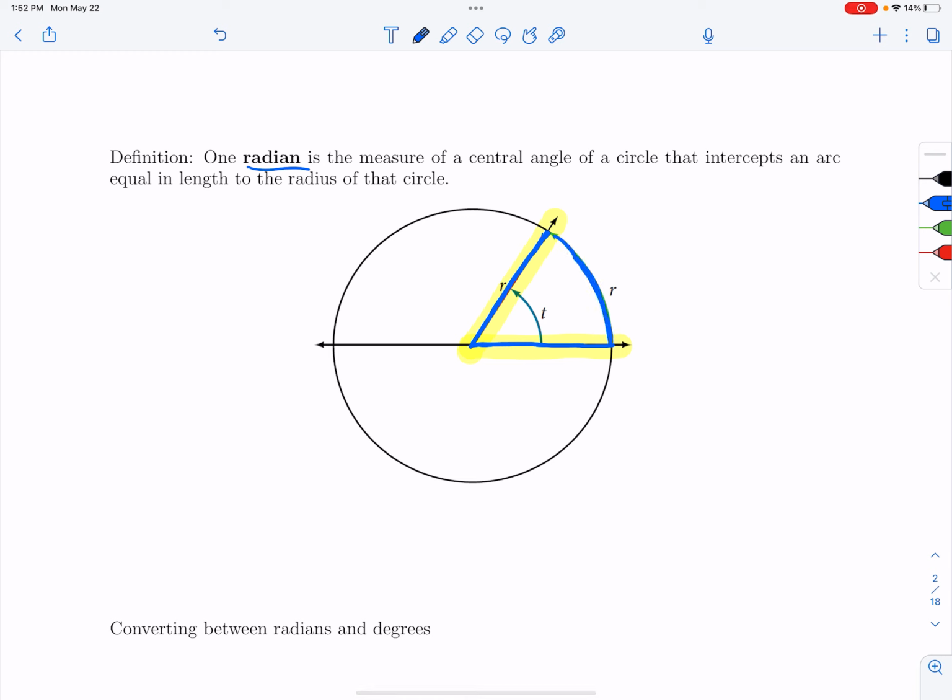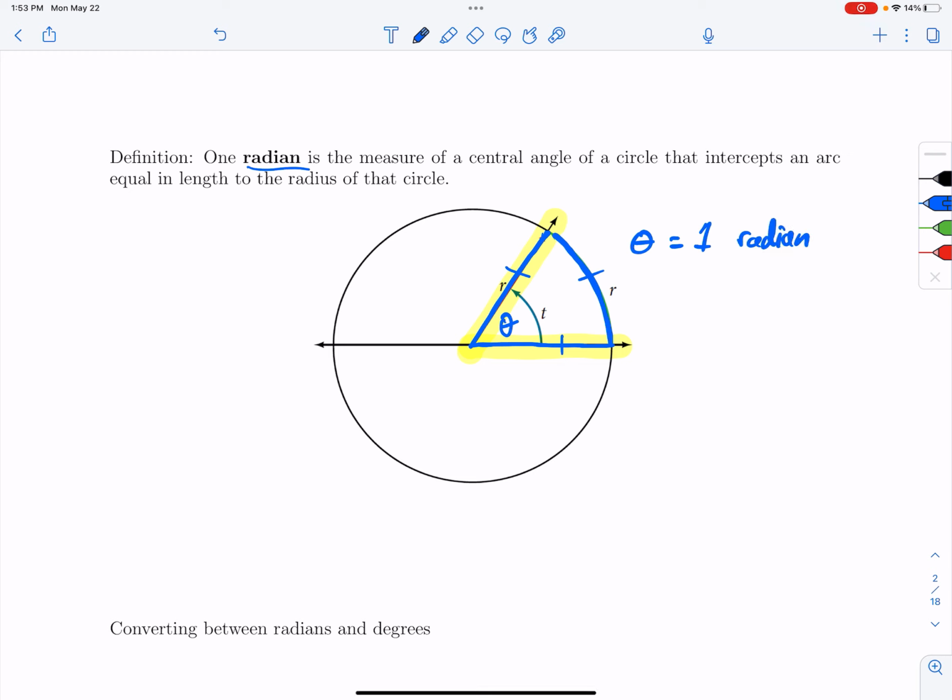All of these blue portions are equal. And when that happens, this central angle, which I'm going to label as theta, has a measure of 1 radian. So here, theta is equal to 1 radian, because the radius is equal to the arc length.